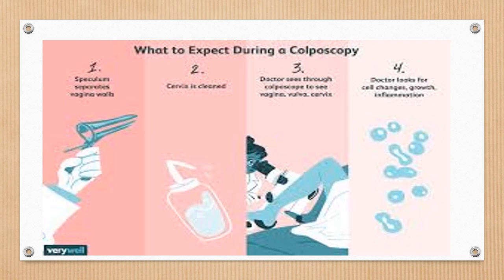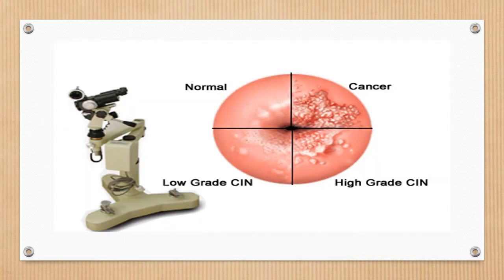Speculum examination, and the cervix is cleaned, then the doctor sees through the binocular microscope and looks for cell changes, growth and inflammation. If there is anything abnormal, that can be treated as well.